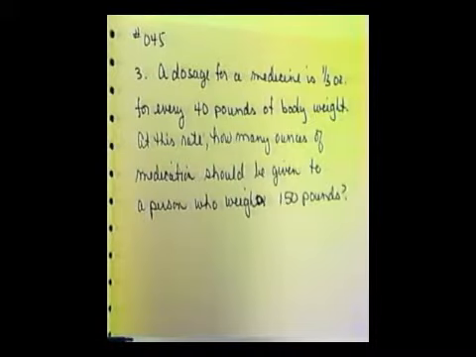You would expect someone that weighs 40 pounds shouldn't get as much as someone that weighs 150 pounds. And this is why we need to make sure it's a proper dosage.